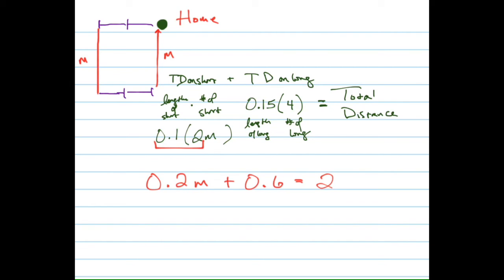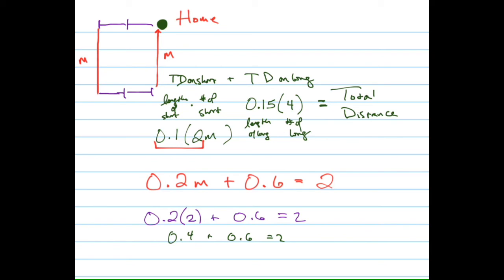Just throw a guess out there. Yeah, 2. Okay, so if we put in 2, we get 0.2 times 2 plus 0.6 equals 2. What's 0.2 times 2? 0.4.